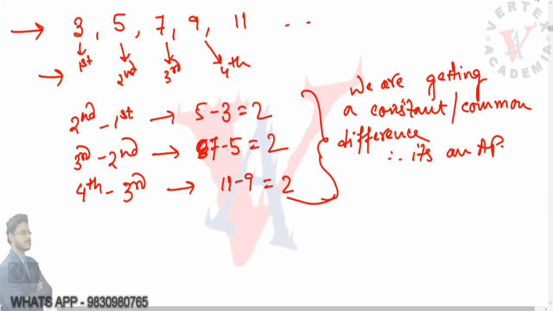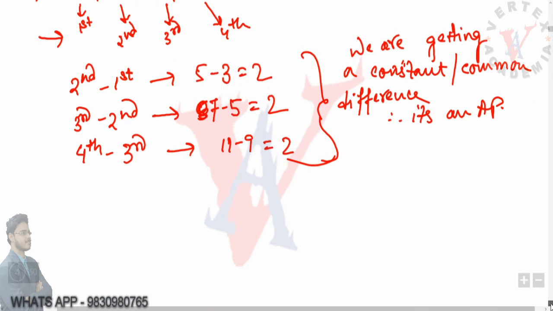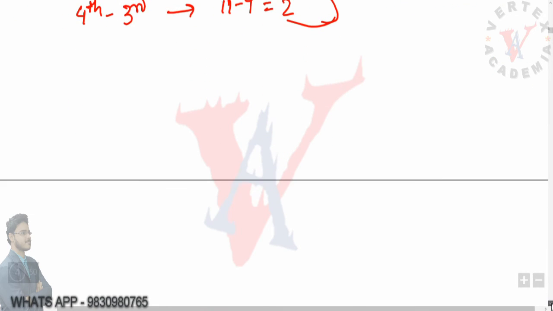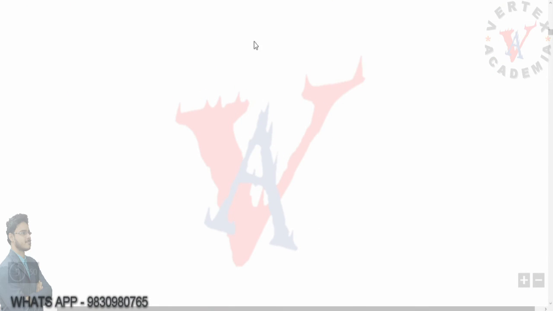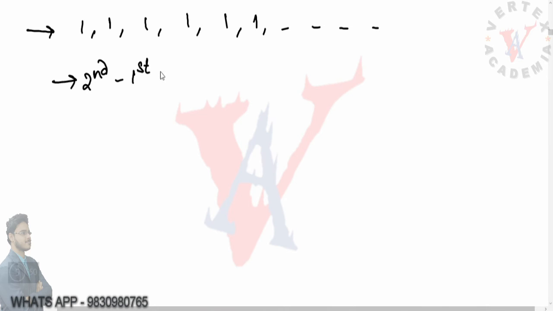So again, let us see some more examples. For example, let us take this one: 1, 1, 1, 1, 1, 1 and it goes on. So here if you do second minus first, it is 1 minus 1, which is 0. If you do third minus second, then also it is 1 minus 1, it is 0.